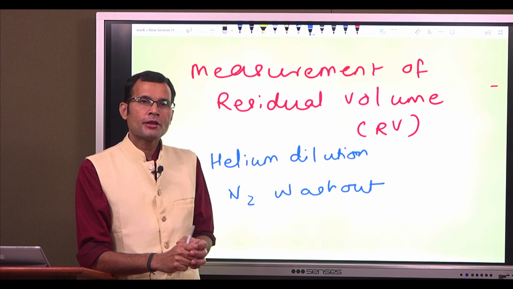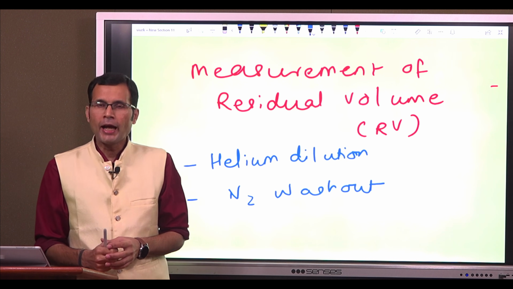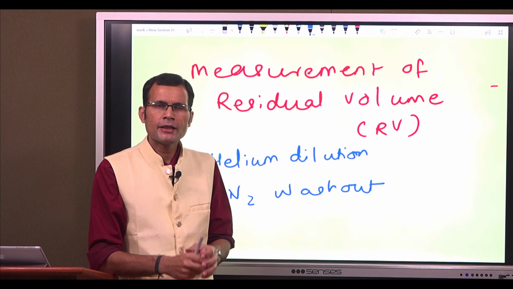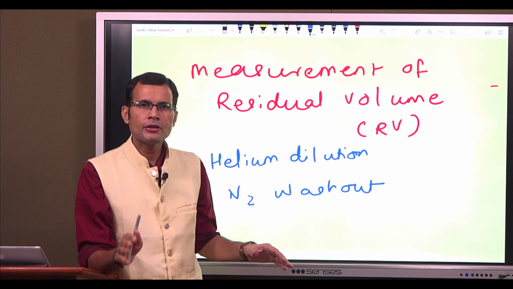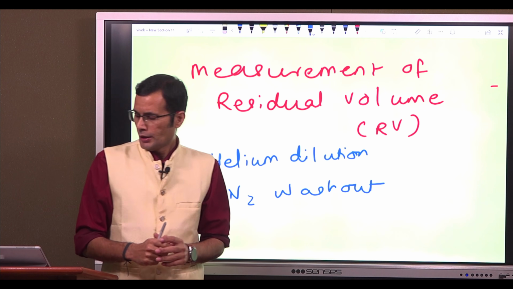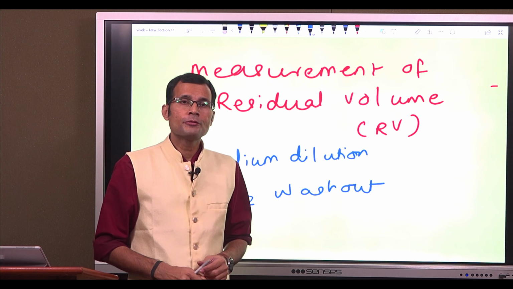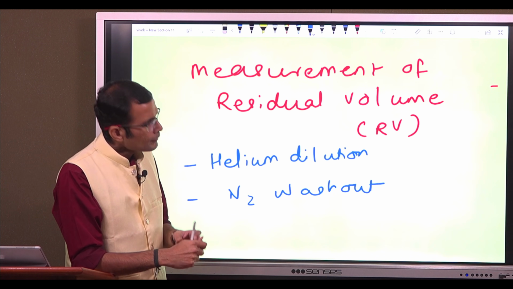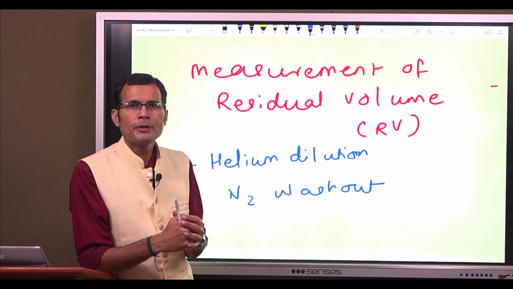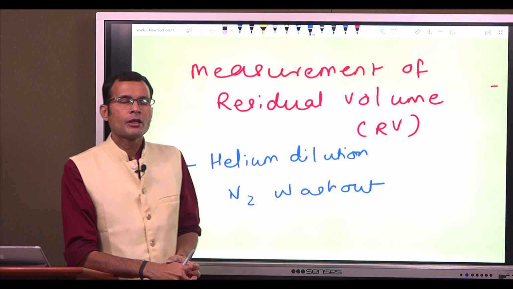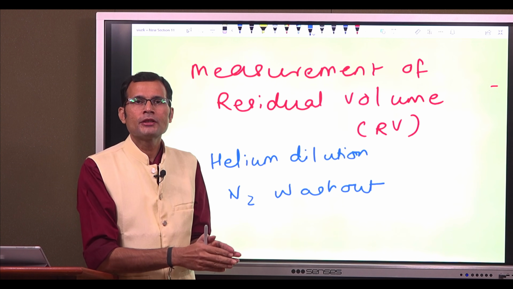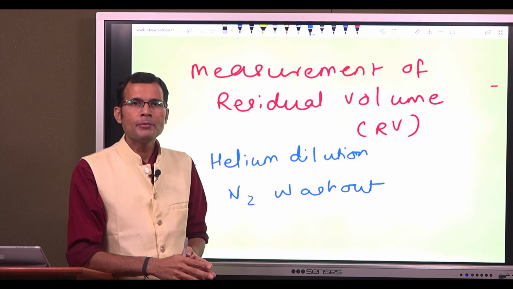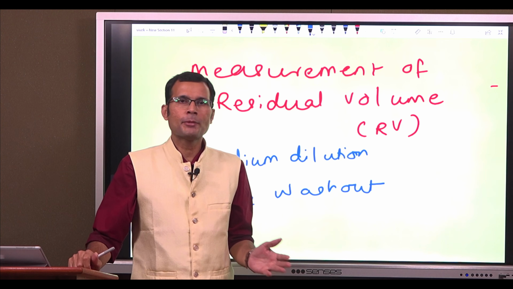This video is on respiratory physiology, a topic at the borderline of theory and practical or laboratory physiology. It's the measurement of the residual volume. Why did I select this topic? Normally we use a method called spirometry in the lab for measurement of lung volumes and capacities.